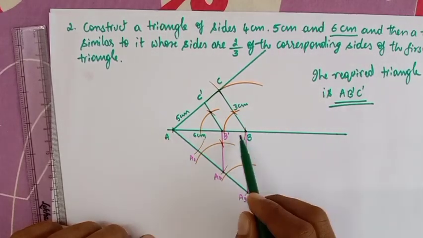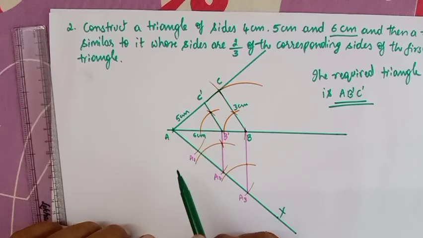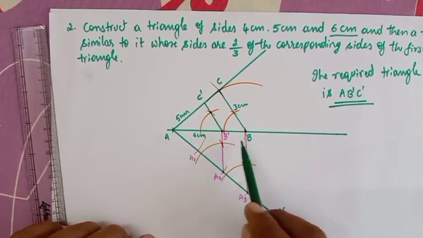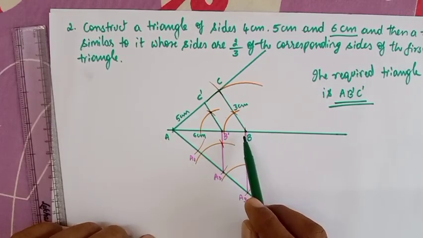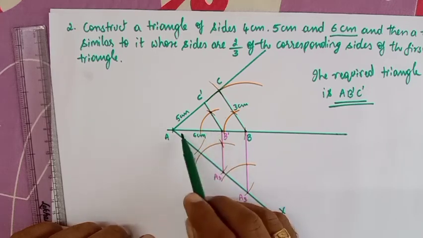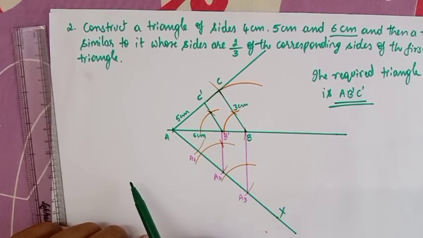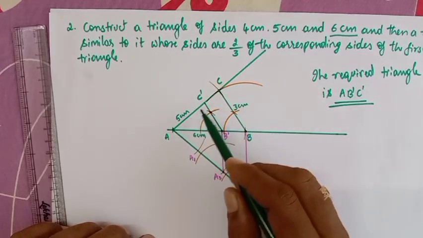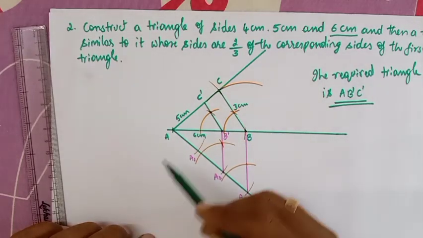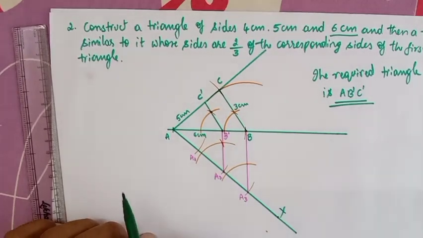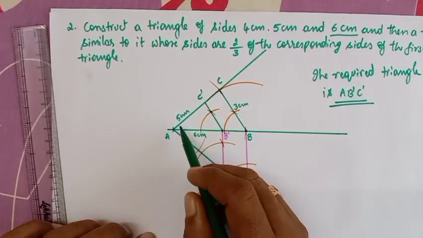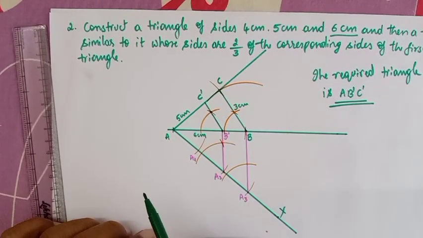And this side A, B dash, which is 6, will be 4 centimeter here. Likewise, this also will be lesser. You can verify this by measuring the sides of the obtained triangle.